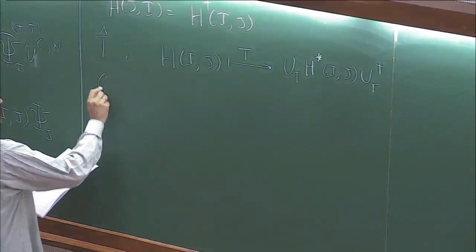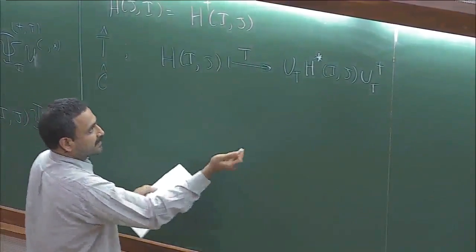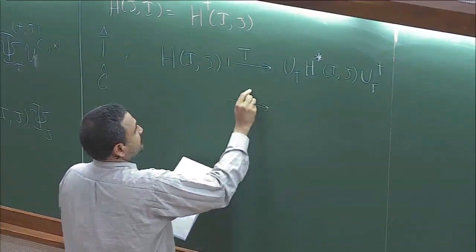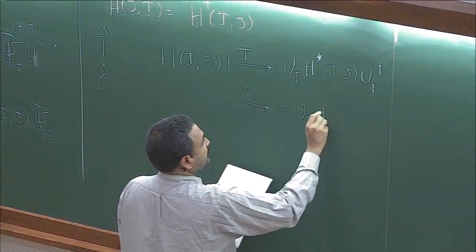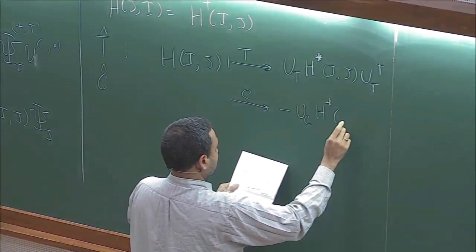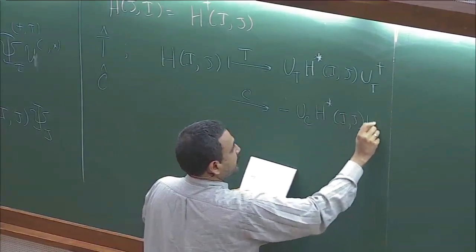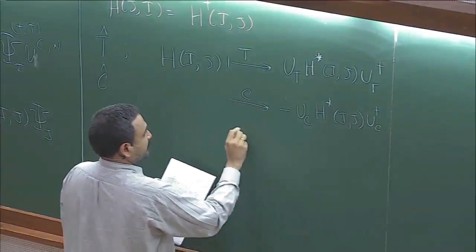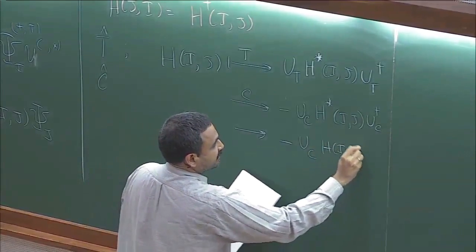And let me write down the things for C as well, or I can just leave it as an exercise. So this will turn out to be minus UC H star ij UC dagger, and for S it will be minus US H ij US.